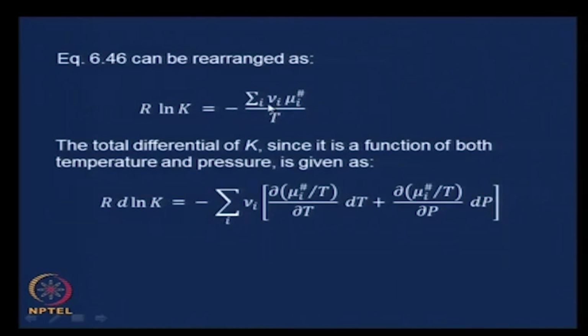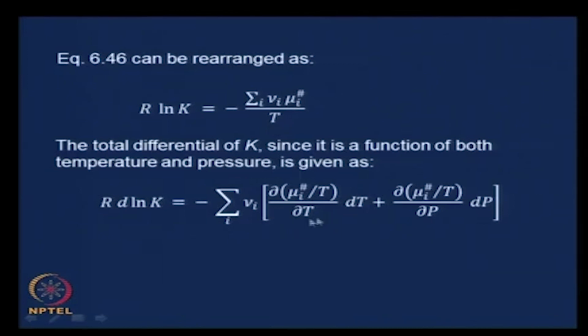To do that, see here there is a minus first and then there is a sum, and inside the sum each term has nu i, which is of course not a function of temperature and pressure, therefore it is taken as a constant out here, whereas mu i hash by T is a function of both temperature and pressure.